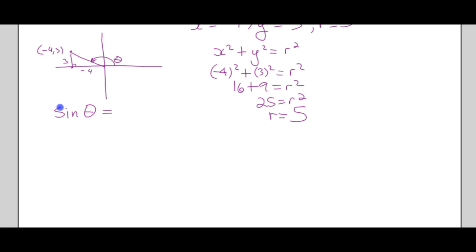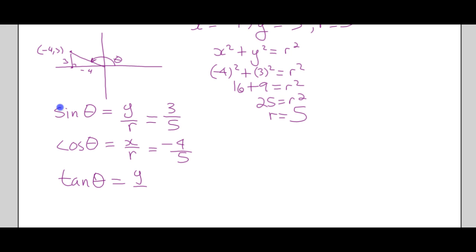Sine theta, the new definition is y over r, which is equal to 3 over 5. Cos theta is x over r, which is negative 4 over 5. And tan theta is y over x, which is 3 over negative 4. So this is negative 4/5. This is negative 3/4.